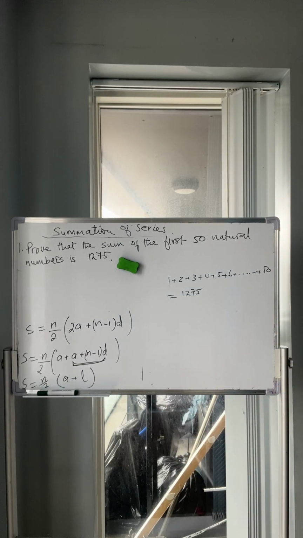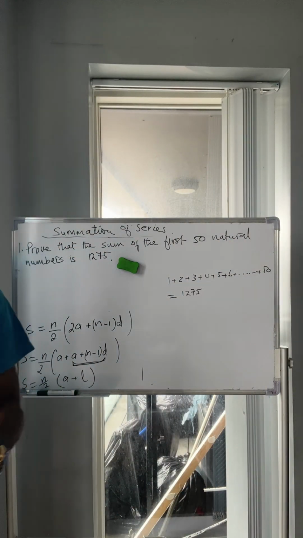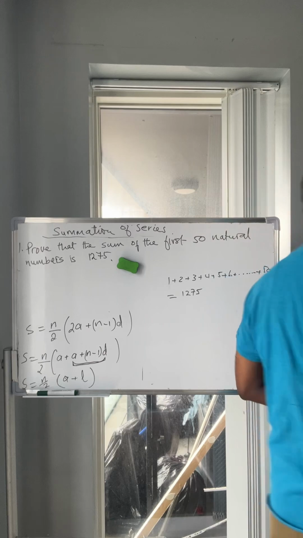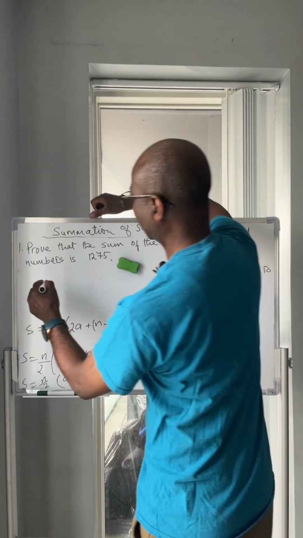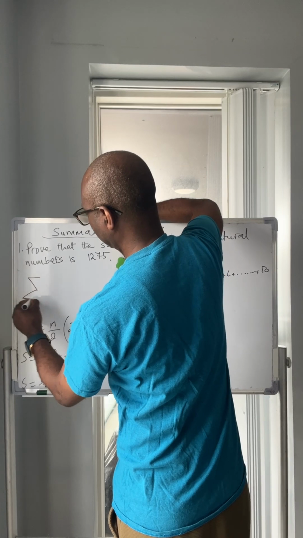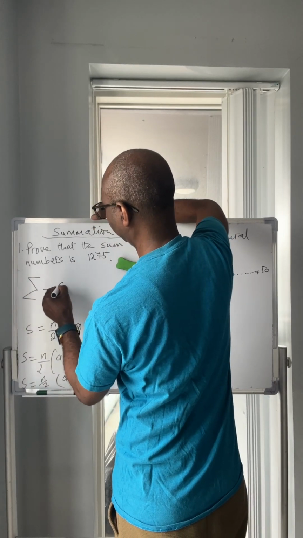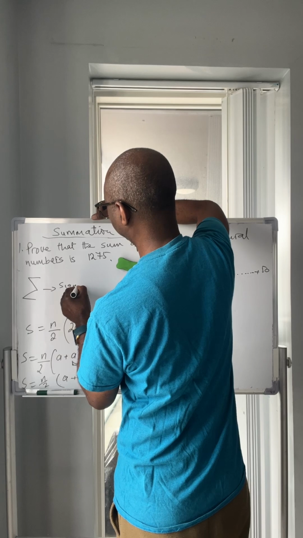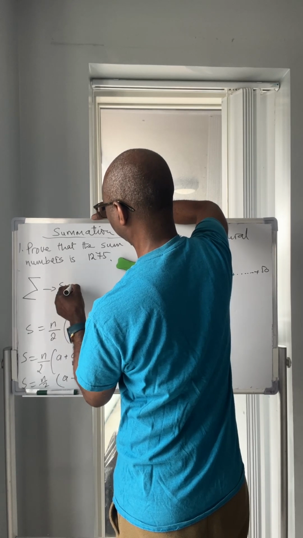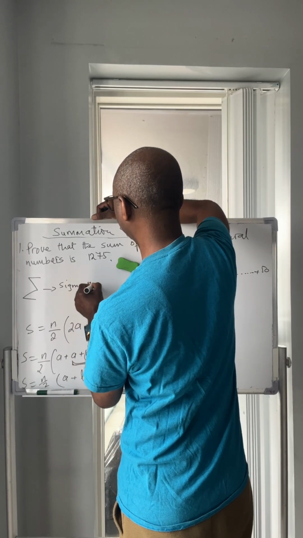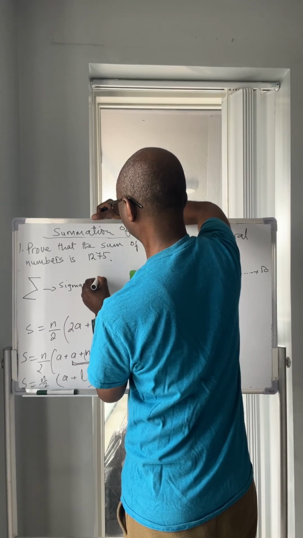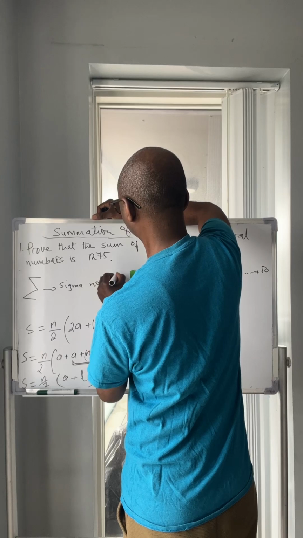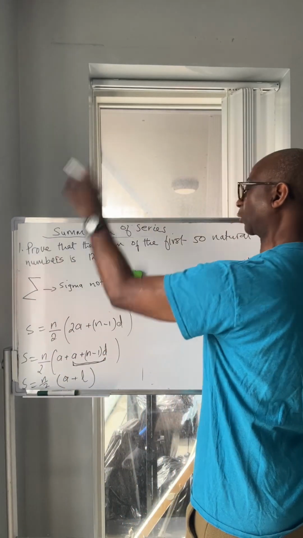When you are talking about summation of series, sometimes there is a notation we use to represent it. You must have seen this notation. This is called sigma notation. I think it's a Greek letter, sigma. It's telling you to add up things.